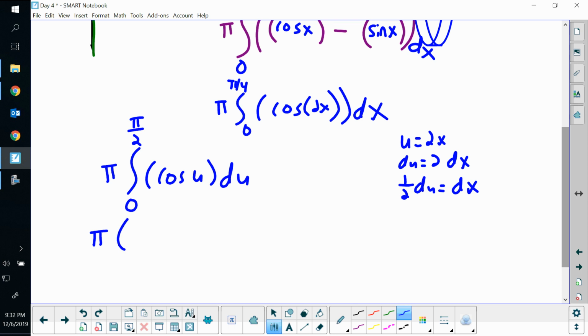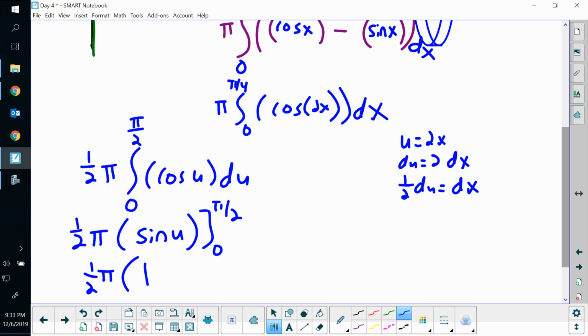Antiderivative of cos is just sine u. And we're going to evaluate from 0 to pi over 2. Oh, you know what? I forgot to put the 1/2 out front here from our du. So we're going to have 1/2 pi.